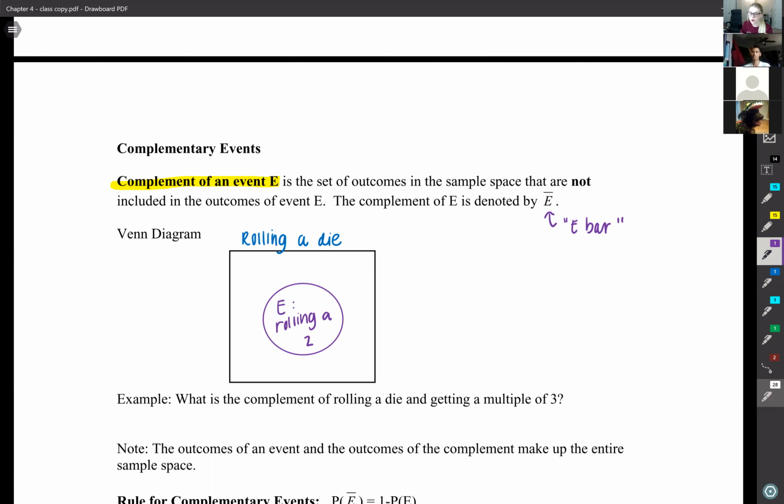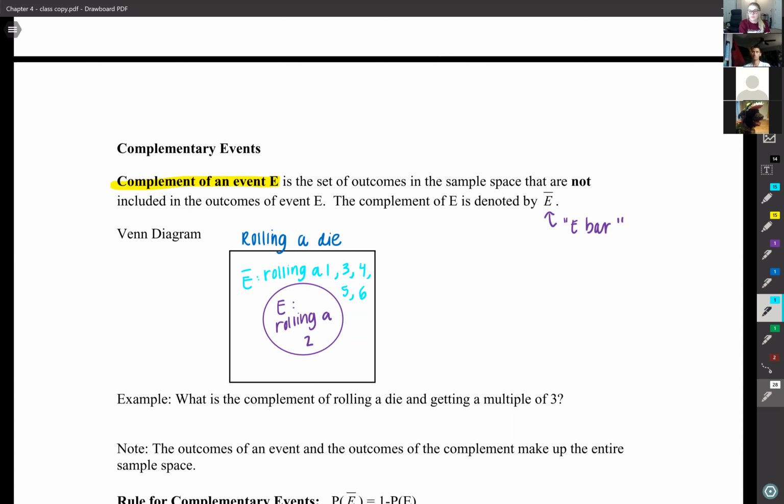So E bar, or the complement of E, is everything that's not included in this event. Everything else in this square, or my sample space, E bar, is going to be rolling a 1, 3, 4, 5, or 6.